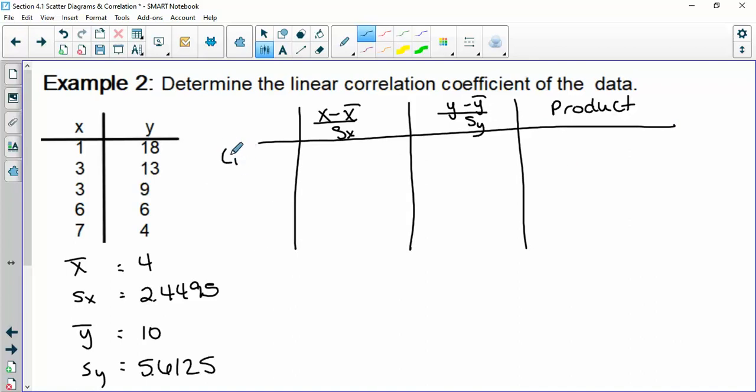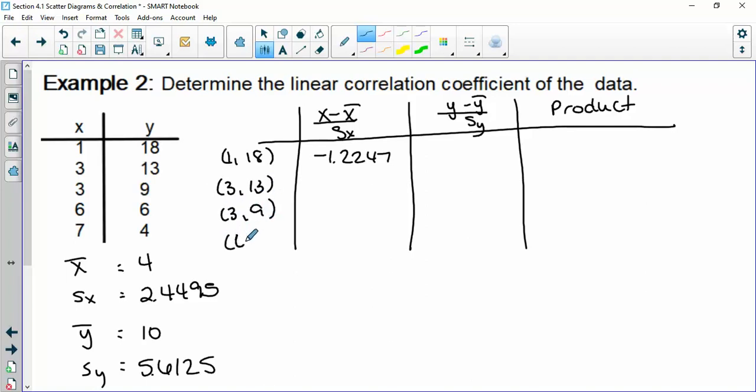We need to do this for each ordered pair. So for my first point, my x is 1, the mean of the x's is 4, divided by the standard deviation of my x's. I think I'm going to do all my x's first, because then I can just do second enter and bring it back up.